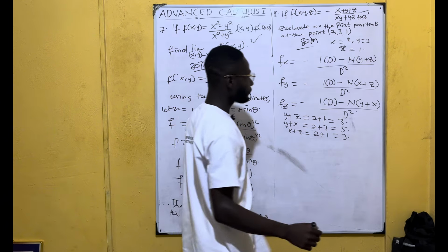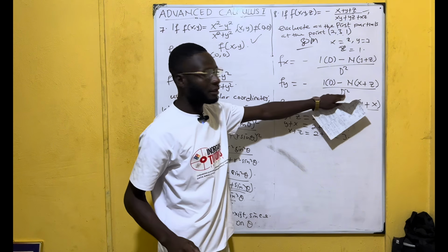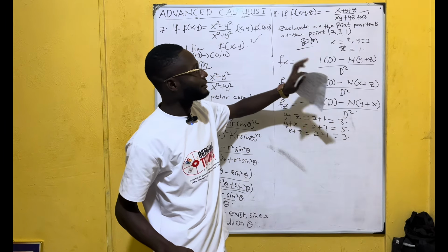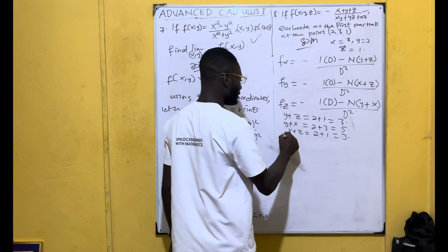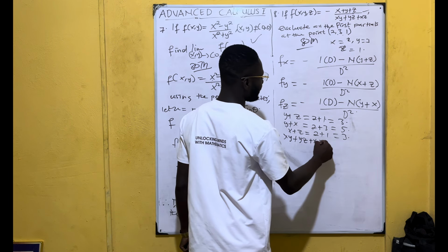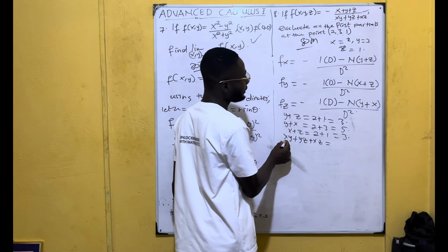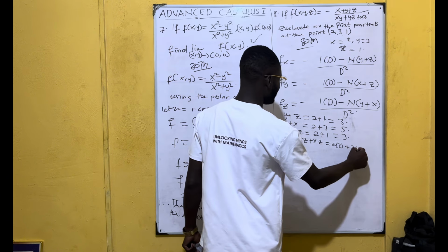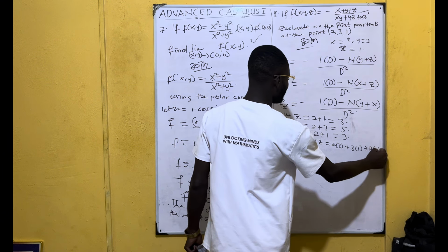Okay, so the next thing we have to calculate is the denominator, which is xy plus yz plus xz. So x is 2, y is 3. So we have 2 into 3 plus 3 into 1 plus 2 into 1.